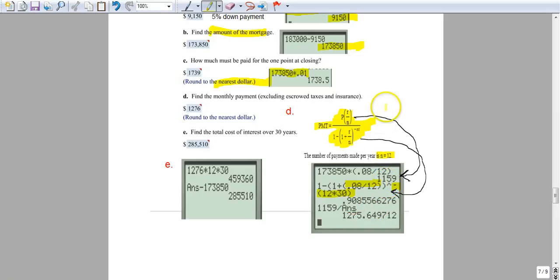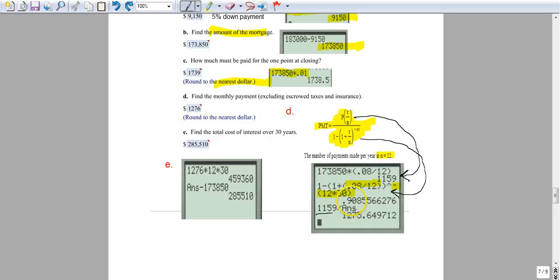And then, let's see, I took the numerator that I found, 1159, and I divided it by what I got here, this 0.908. You may or may not already know that your calculator stores the most recent answer as ANS.